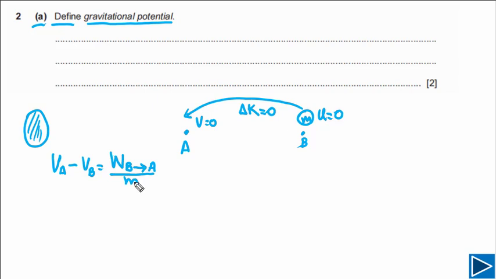Now we need to understand how we can define gravitational potential. For that purpose, we have to take our point B at infinity. Now we will say point B is at infinity, and at infinity we can take potential is equal to 0. So infinity is our reference point, and at infinity V is equal to 0.